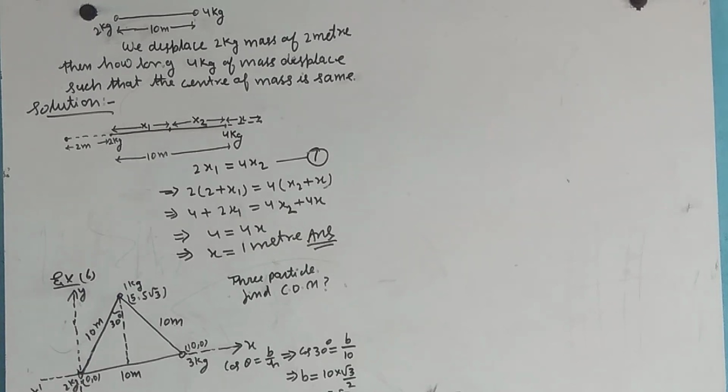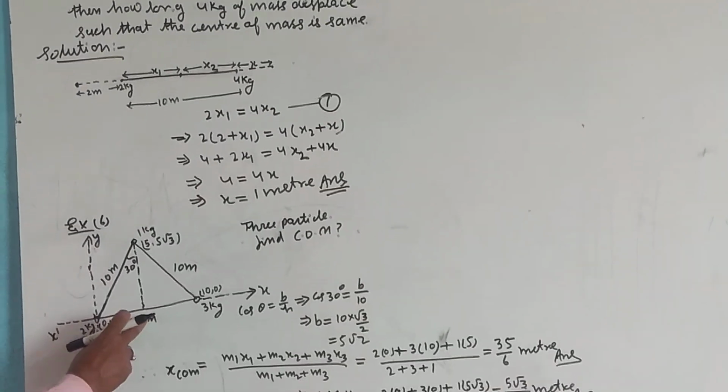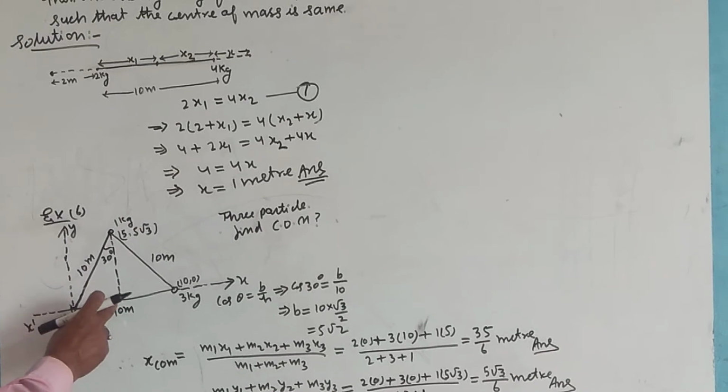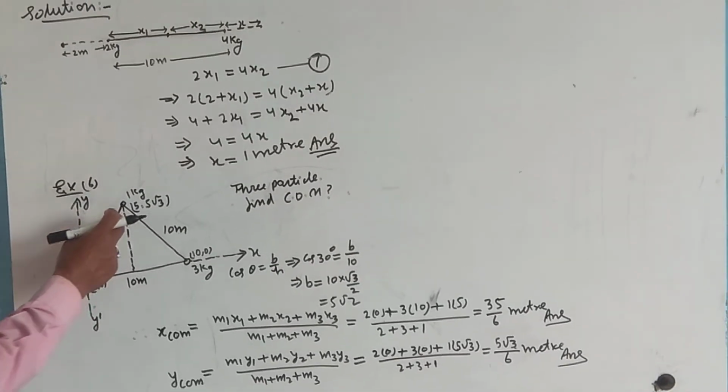Now let us suppose that this is the x-axis and this is the y-axis, 10 meters, so that the coordinate of this is (10, 0). It is an equilateral triangle, so this distance is 5 meter, and the angle is 60 degree, so this is 30 degree.